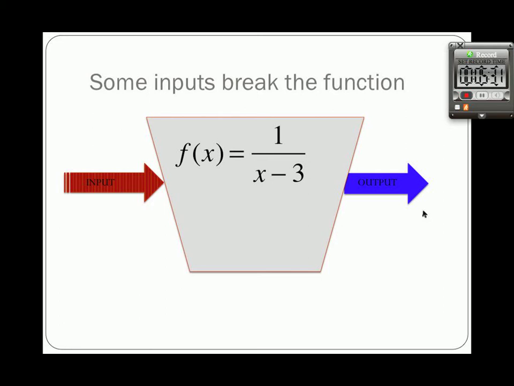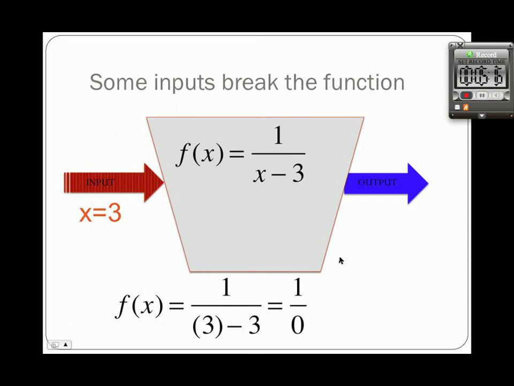Well, let's look at what we have here. f(x) = 1/(x - 3), and this in fact is a function. But watch what happens if I input 3 into the function. I've written it down here so we can all see it.